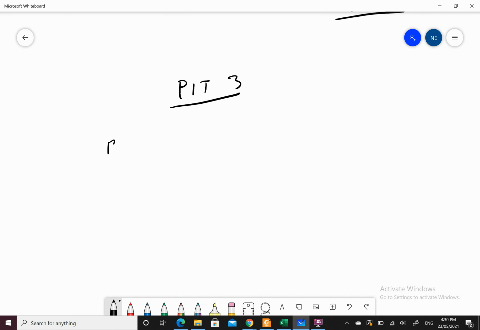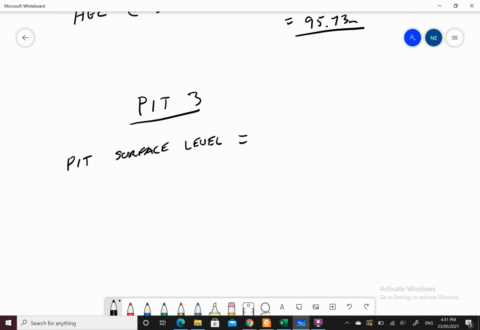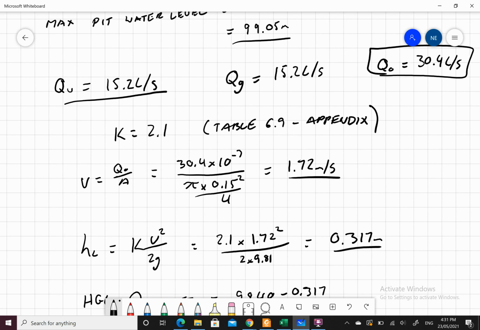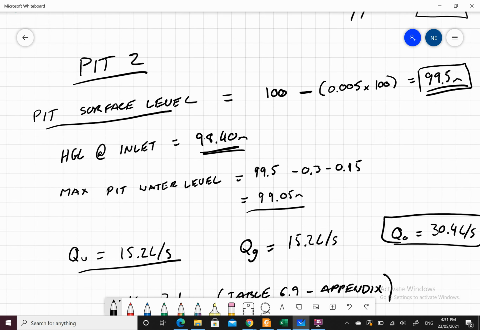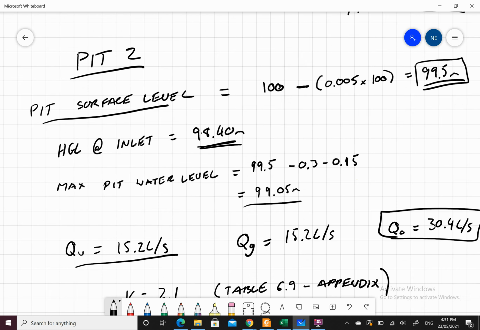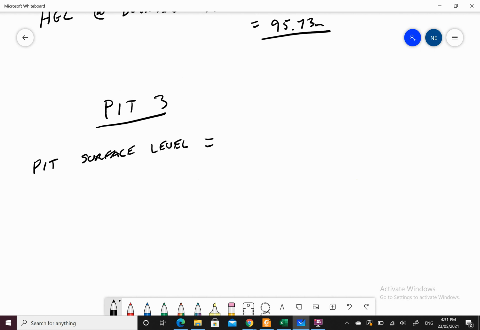So pit surface level, now what I'm looking at is equal to, depends on where you want to take it from. You can take it from the top of this pit, subtract the distance, or you can take it from pit 1, you get the same answer. So if I take it from pit 1, I take my RL of 100.